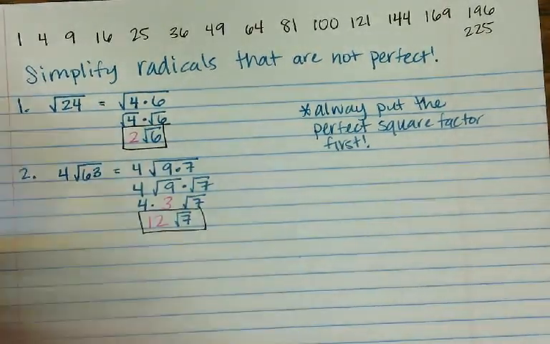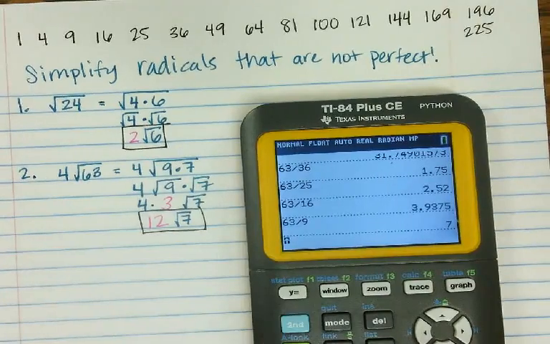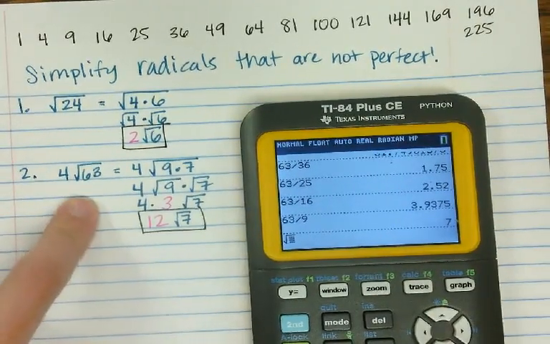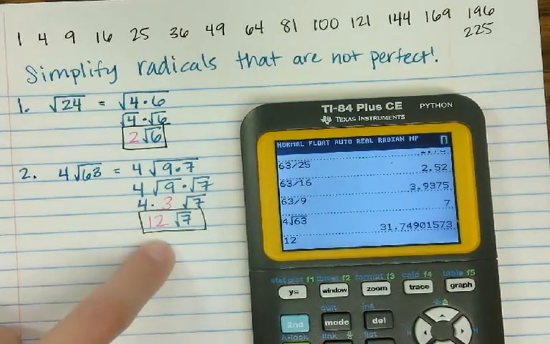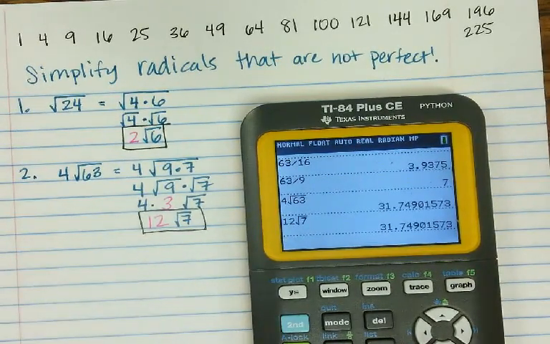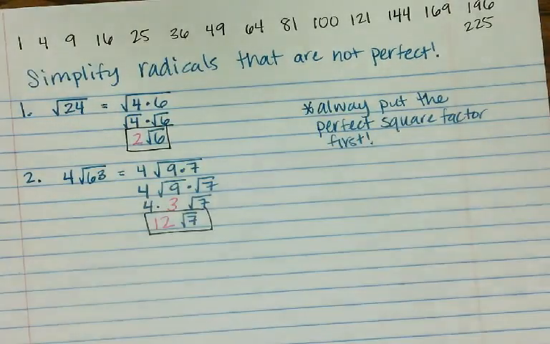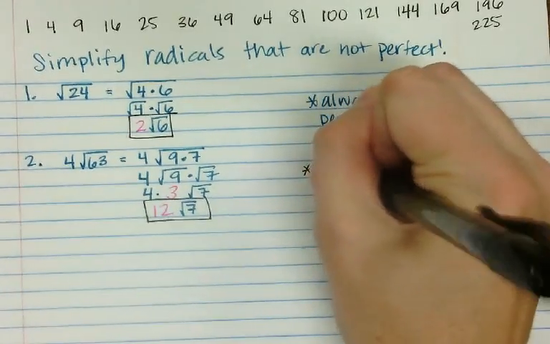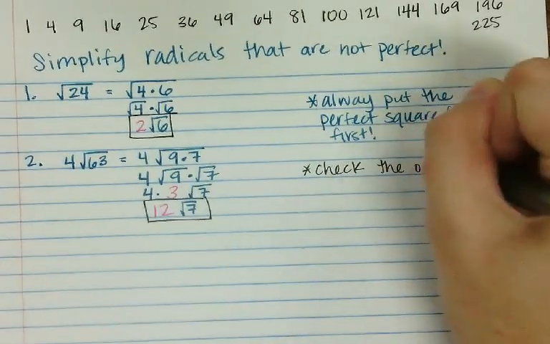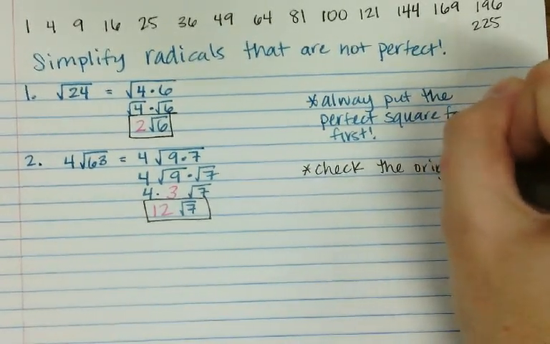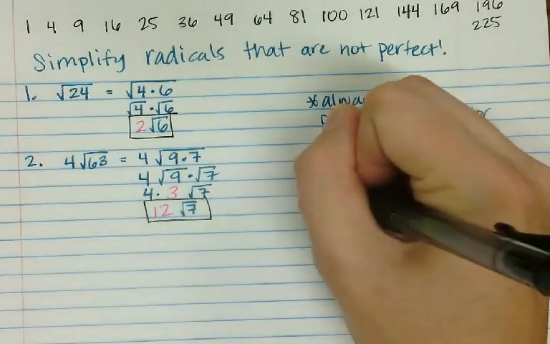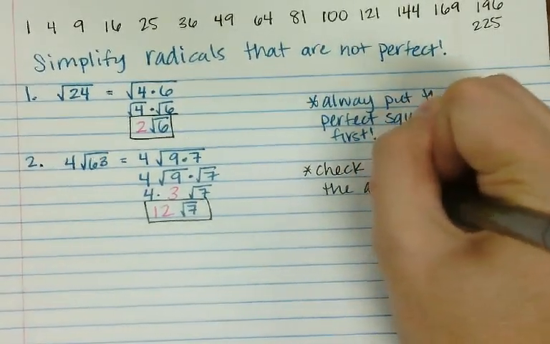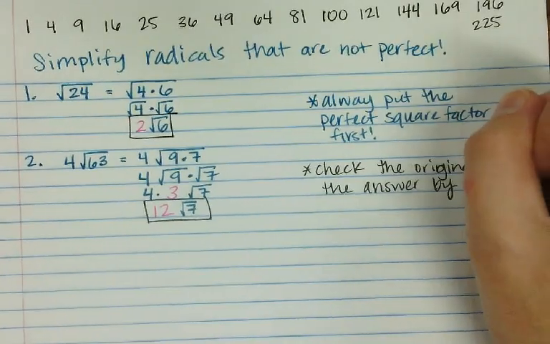And, guys, what I like to do is go in here and type in my very first thing, 4 times the square root of 63, and 12 times the square root of 7. Do I get the exact same weird-looking decimal? Yes. So, guys, you always want to put the perfect square factor first. And then you can check the original with the answer by making sure the decimals match.